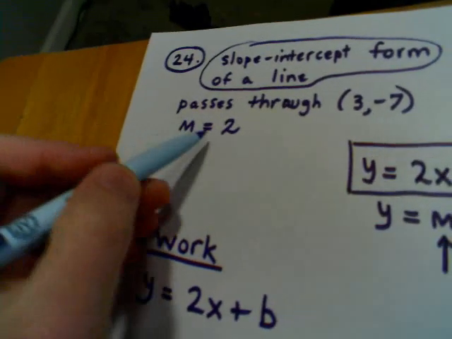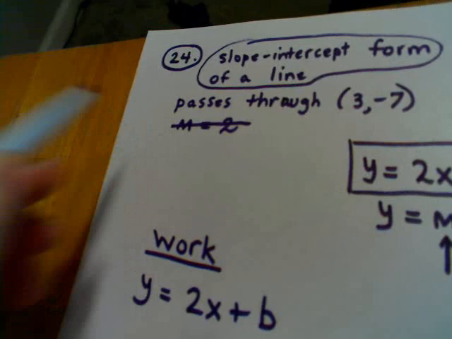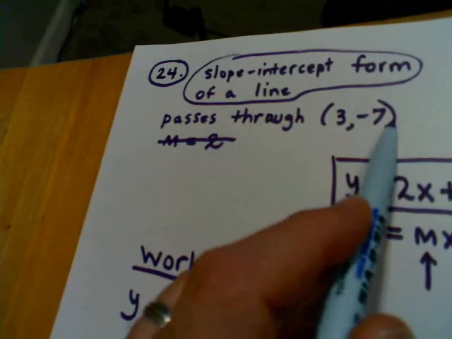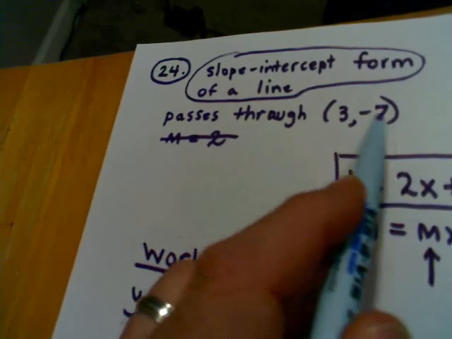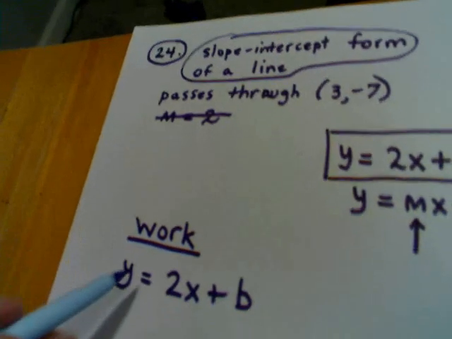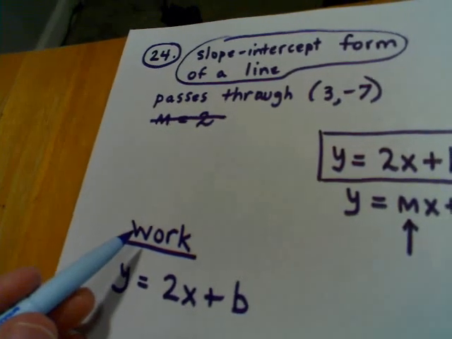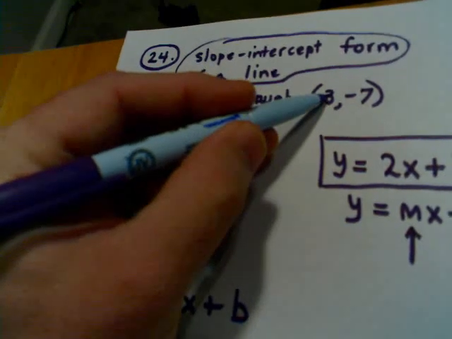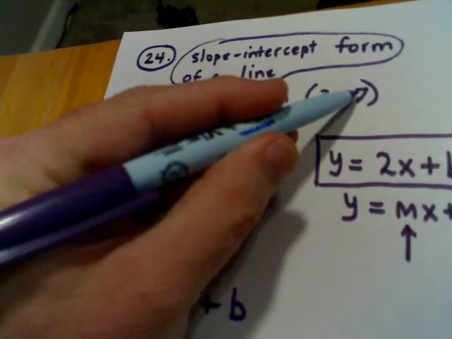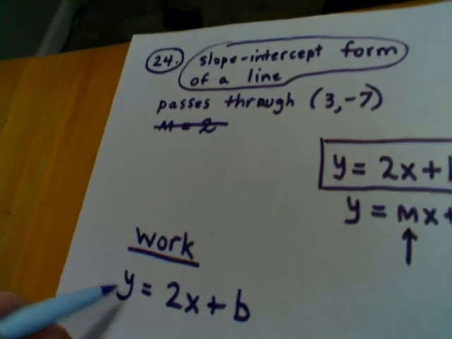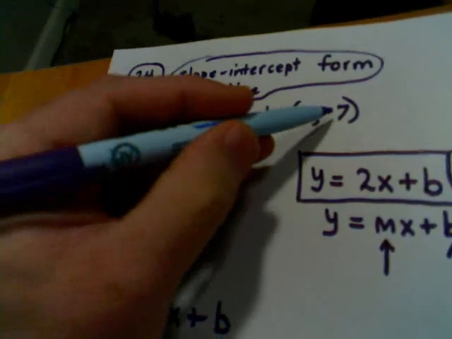Well, I've already used this data, but notice I have not used the ordered pair 3, -7. So in my work process, how about if I put a 3 in for x and put a -7 in for y and see what happens.